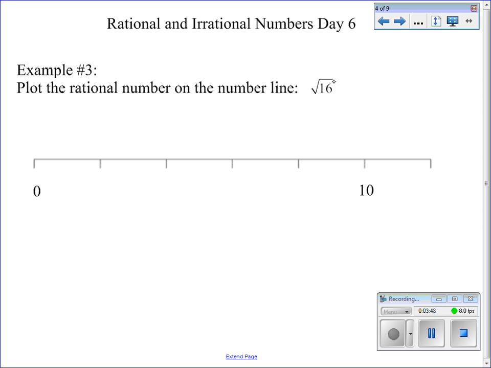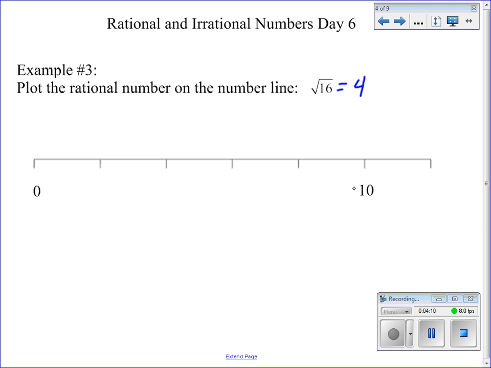Example number 3, we have the square root of 16. Well, the square root of 16, if we type in second square root 16 and then hit enter, we find out that that actually equals 4. So now we're really trying to just graph 4 on this number line. Well, again, we are missing intervals, so we start to try to figure out the value of each interval.